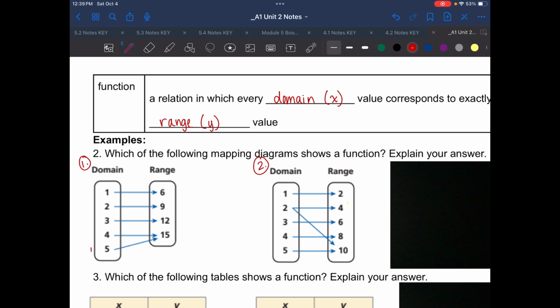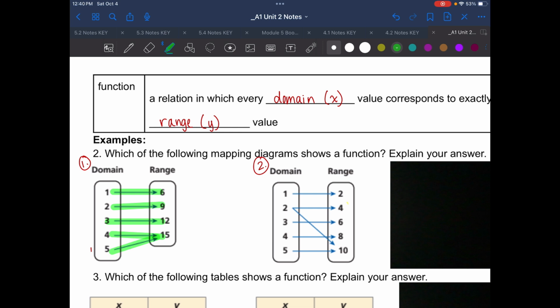If we look at our first relation, 1 is mapped to 6 and only 6, so still a function. 2 to 9, still a function. 3 to 12, still a function. 4 to 15, still a function. 5 to 15, still a function. So each x value goes to only one y value.